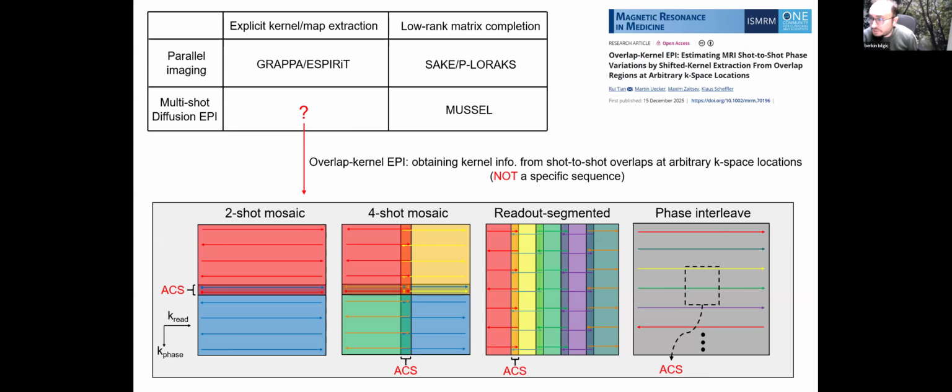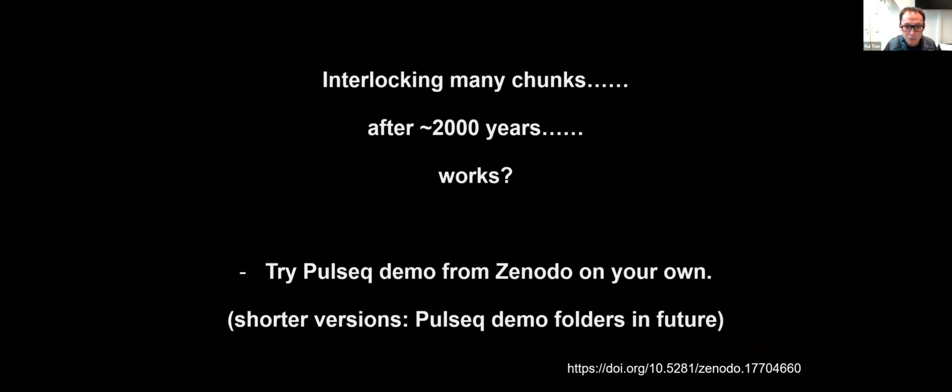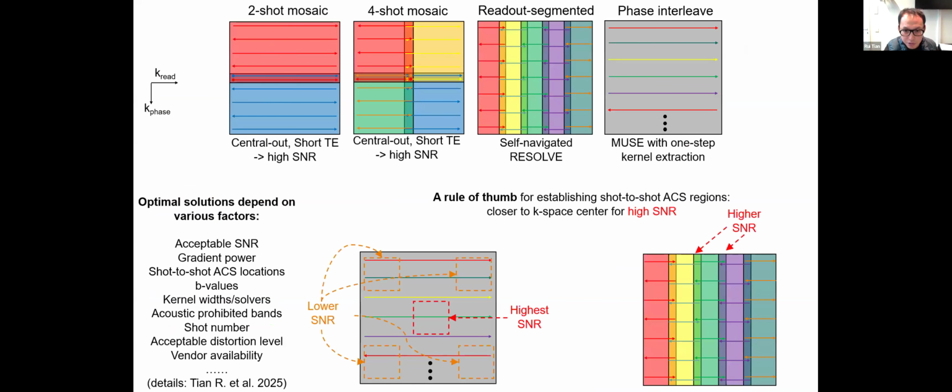Is that exactly what LORAKS does? Does it work better than LORAKS? So LORAKS establishes calibration regions everywhere in K-space, but we are doing something similar to, I think it's this citation here, MUSSELS and MUSE.